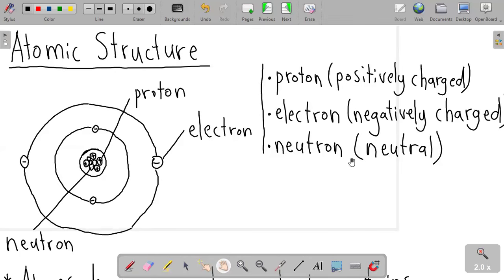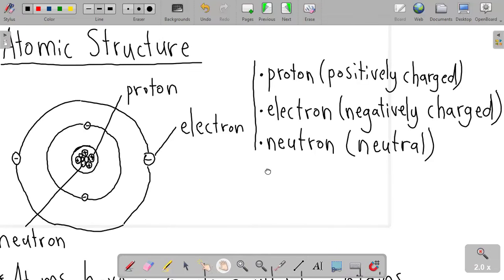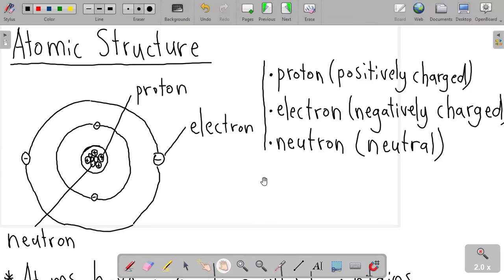It's very important for you to remember that the electrons are situated outside of the nucleus, because for this topic, it is the movement of these electrons that's going to help us.